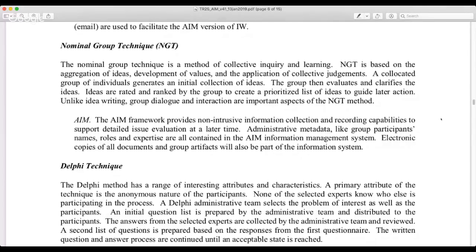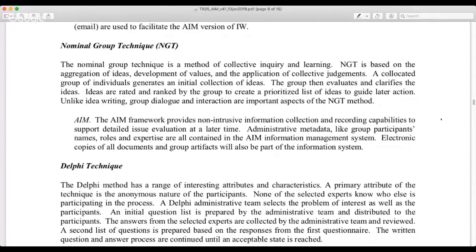So the key aspects here are how can you focus these activities in a way that the group moves forward and develops valuable information and doesn't just chat about what a nice summer day it is and which football team is going to win next.